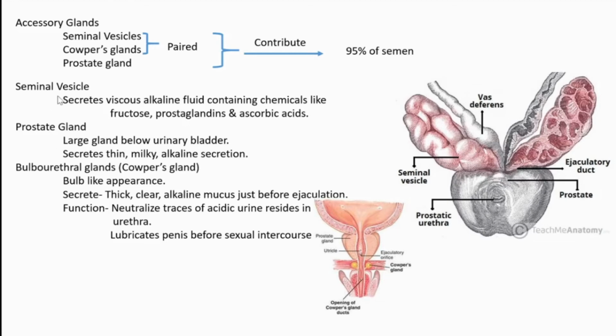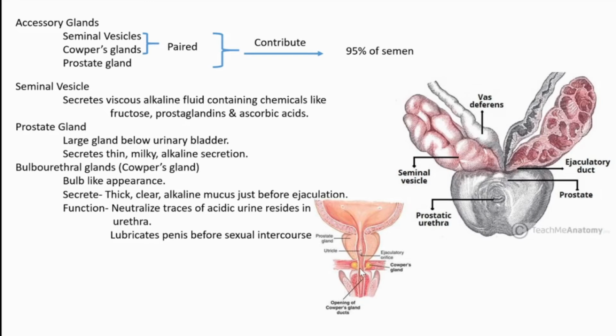Then one more gland is there, the bulbourethral gland or corpus gland. That gland we can see very clearly in this picture. These are the two bulbourethral glands, and this is the prostate gland. Piercing through the prostate gland, the ejaculatory duct is coming and it is entering the penis.